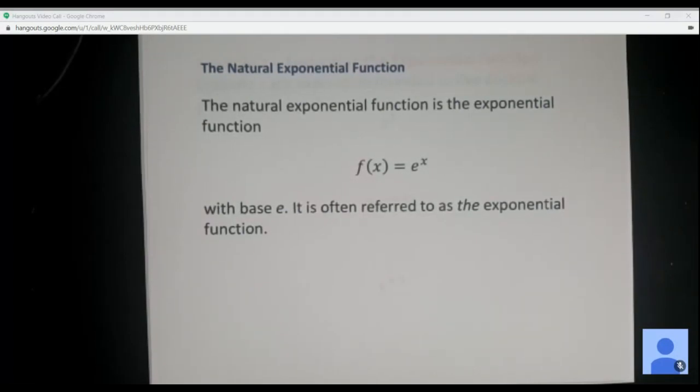Think about some of the functions we looked at last week, like 2 to the x, 3 to the x. Think about what those graphs look like. And this one's 2.7 something to the x, so it should be somewhere in between those two values.